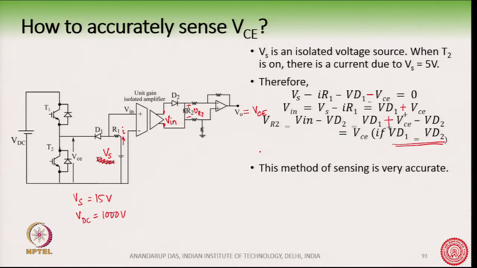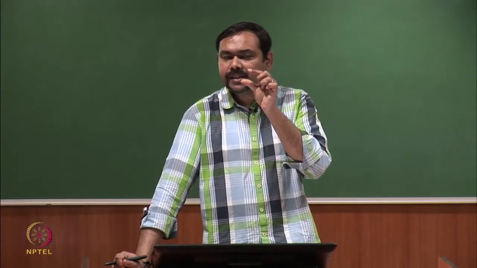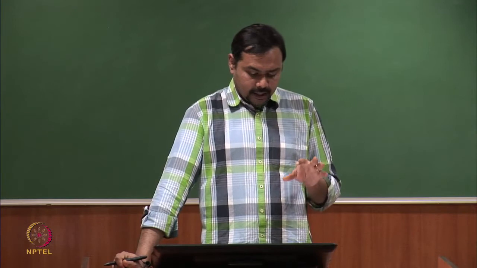And why does this have to be accurate? Remember, we are sensing a voltage of only maybe 1.5 to 3 volts in that range, and we are sensing it over a long period of time, just monitoring how much VCE is changing, and this is a very noisy environment.